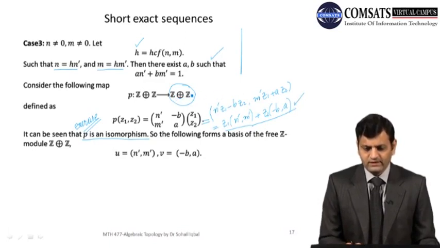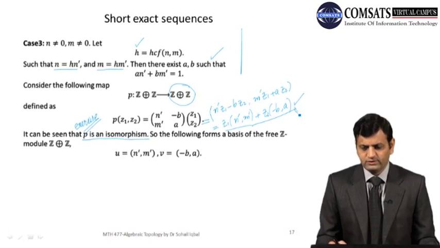In other words, for every element there exists some z1 and z2 such that this combination is equal to a pair of integers a, b. So every element of Z plus Z can be written in this way.